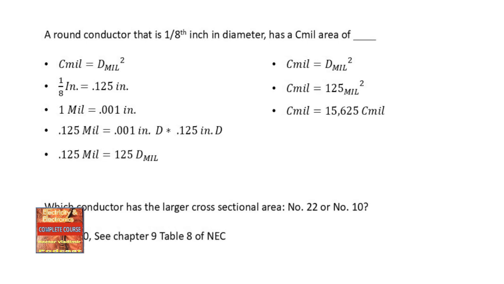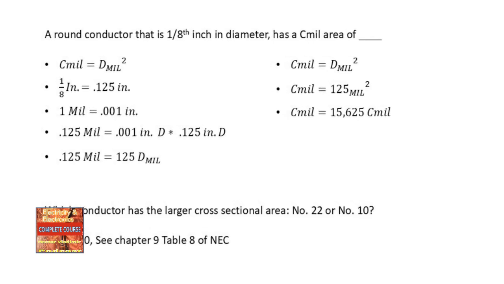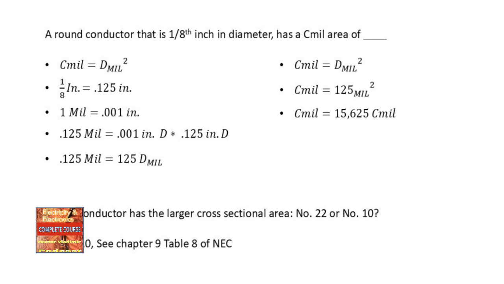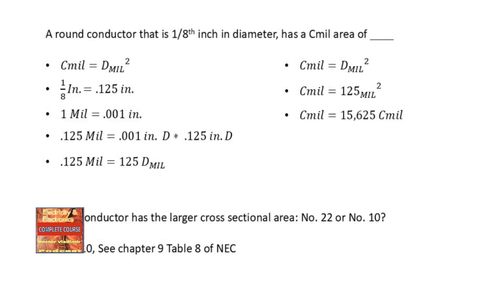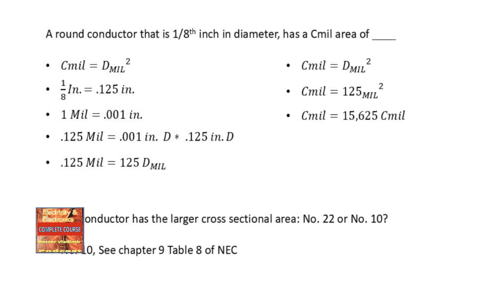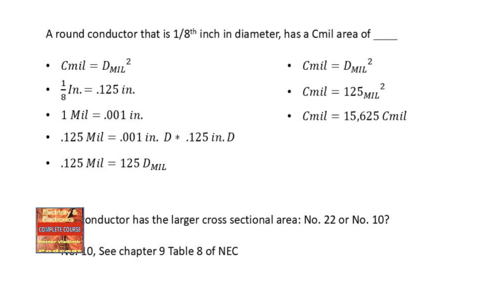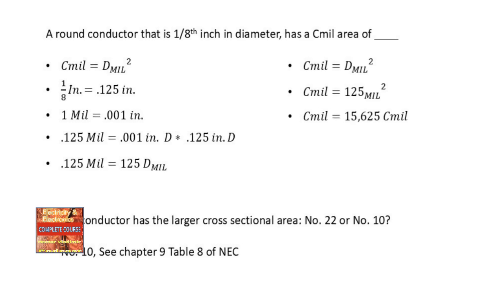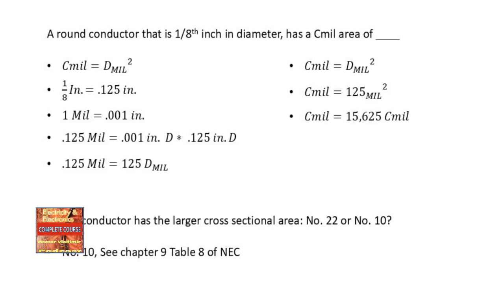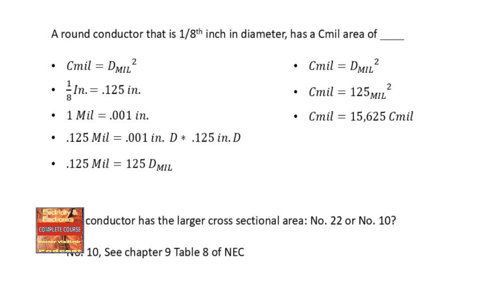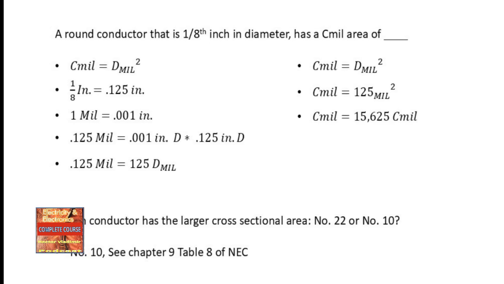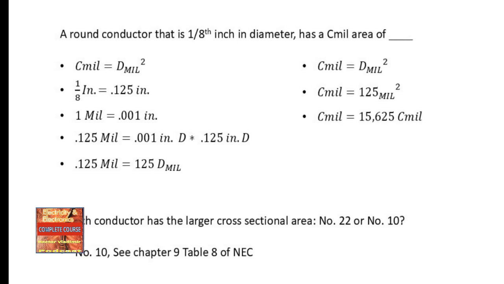Those are all diameters. Remember that. 0.125 inch in diameter divided by 0.001 inch per mil gives 125 mils in diameter. Continuing on, C-mil equals the diameter in mils squared, just a reminder.